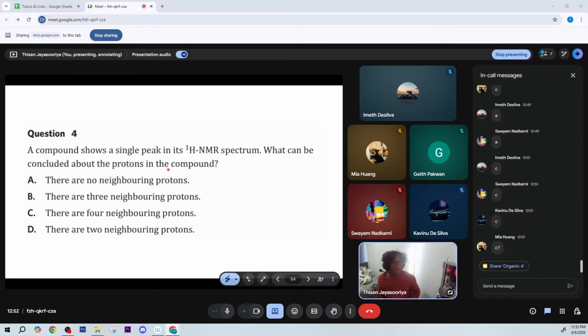And here, a compound shows a single peak in its HNMR spectrum. What can be concluded about the proton in the compound? As a single peak. What does that mean?